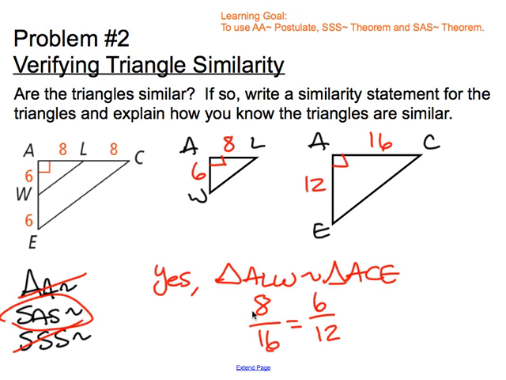And in this case, by reducing both fractions, we can see that both of these fractions do in fact reduce to 1/2. So the answer is in fact yes. We have triangle ALW is similar to triangle ACE. That's our similarity statement. And these two triangles are in fact similar by side-angle-side similarity theorem.